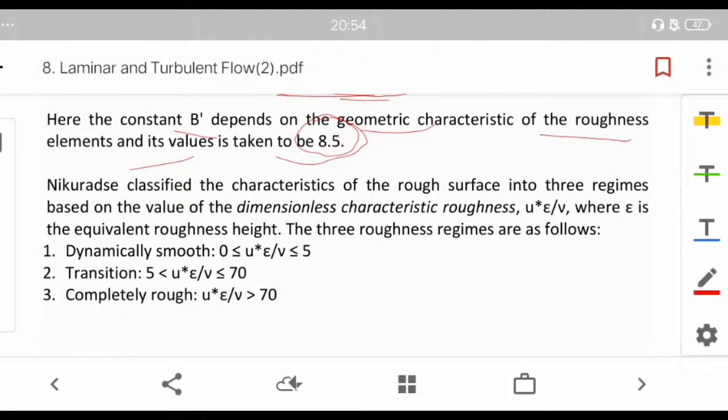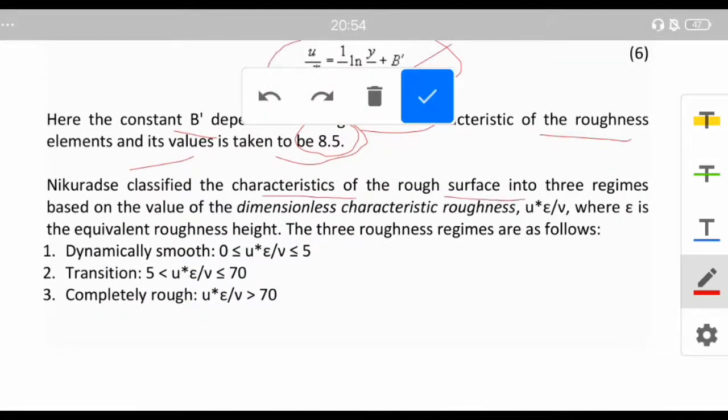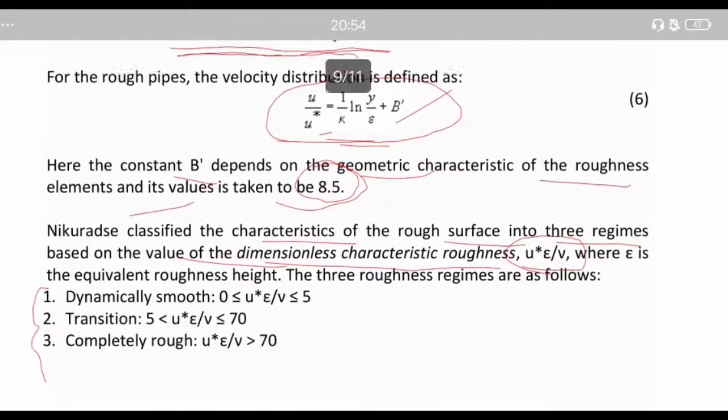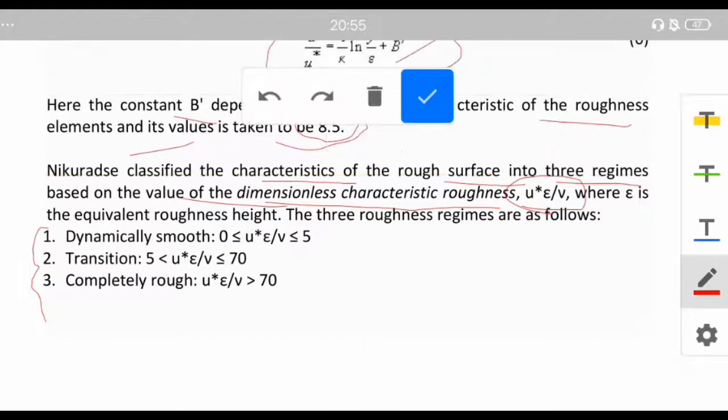Nikuradse classified the characteristics of the rough surface into 3 regimes. Nikuradse did his own classification based on the value of the dimensionless characteristic u star epsilon upon nu, where epsilon is the equivalent roughness height.